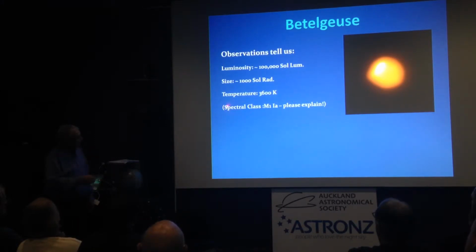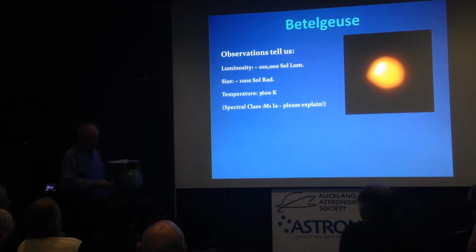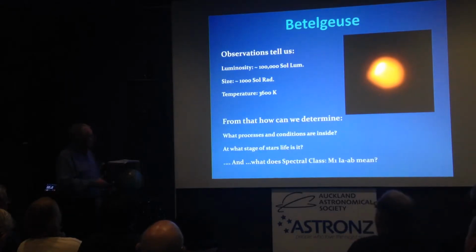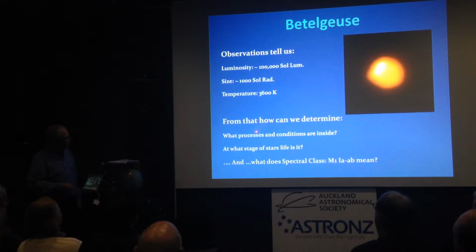The astronomers will say, well, from that information, we can tell you that Betelgeuse has a spectral class of M1A1. And that's what I'll explain shortly, what all that means. But from that information, we can determine what processes and conditions are going on inside Betelgeuse, using the Hertzsprung-Russell diagram as a tool.